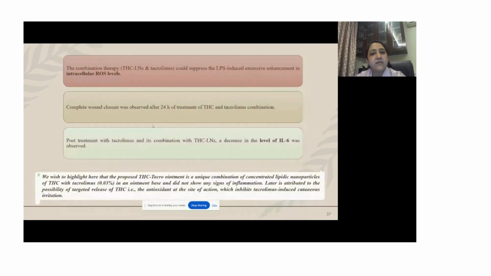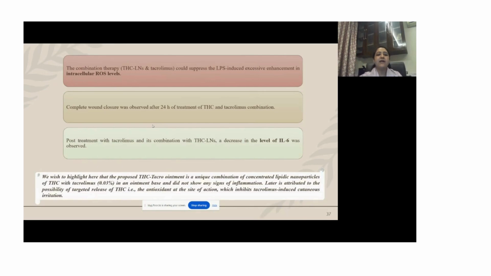And the combination therapy suppresses the inflammation induced by LPS in the cells, and complete wound closure by in vitro wound closure method was observed by the treatment of THC and its combination. And also with this combination, we can reduce the level of interleukin 6.